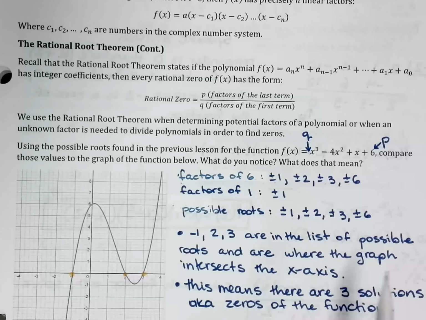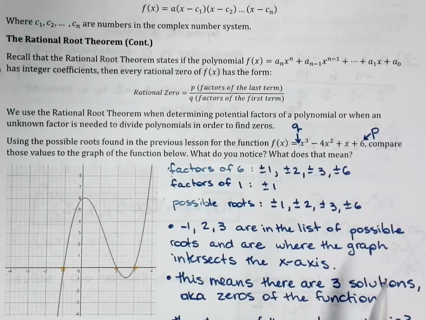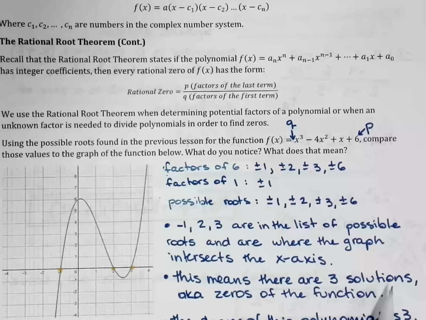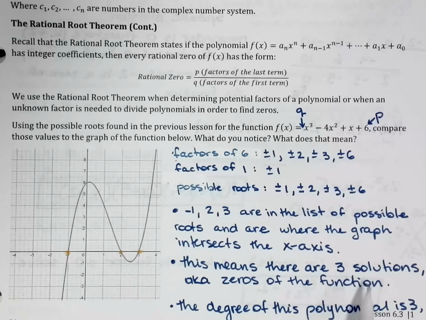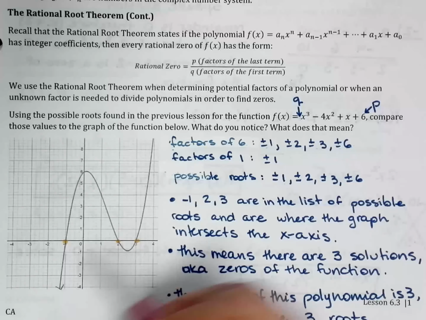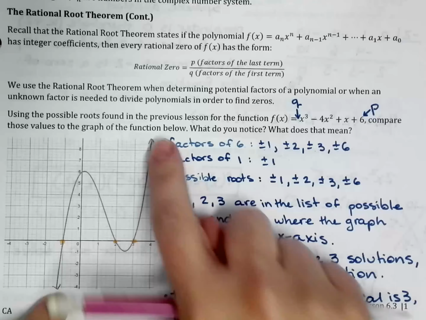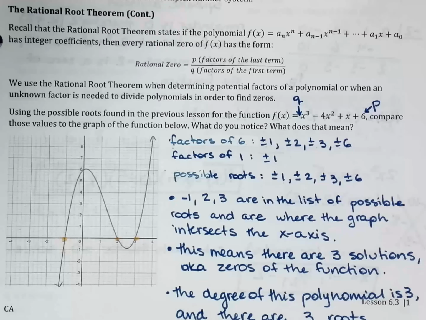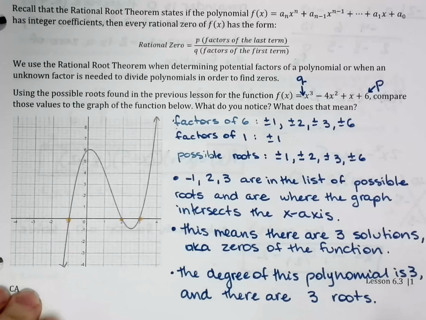They're all possible, and we're going to learn how to test them out next. That's where the graph intersects the x-axis, which we already talked about. So this means there are 3 solutions, also known as zeros of the function, or 3 x-intercepts. Also, the degree of this polynomial is 3 because you have 2 extrema right there, and the end behavior is going in opposite directions. And there are 3 roots, 1, 2, 3.